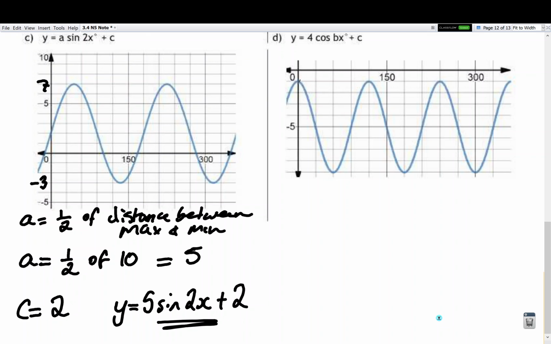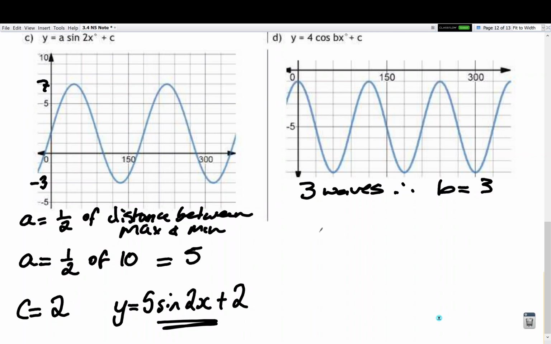So it starts at 0 at its maximum, cosine goes down to the bottom, and that's 1 full wave just before the 150. We go again, that's 2 full waves, and then again there's 3 full waves there. So 3 waves, therefore b equals 3. It's actually more straightforward than the amplitude even.